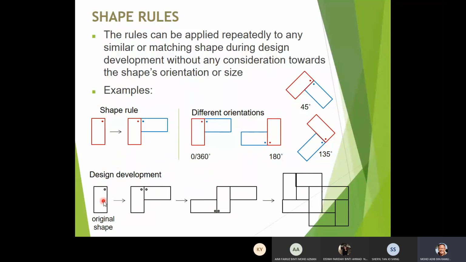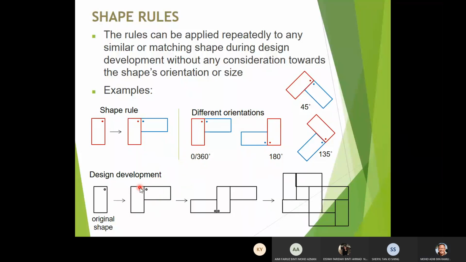First, you have to put the original shape. Then the first application, you apply the rule to the original shape, you get this. So this is the first step of the development, and after that, you just keep repeating. You apply the rule again and again towards the available shape.